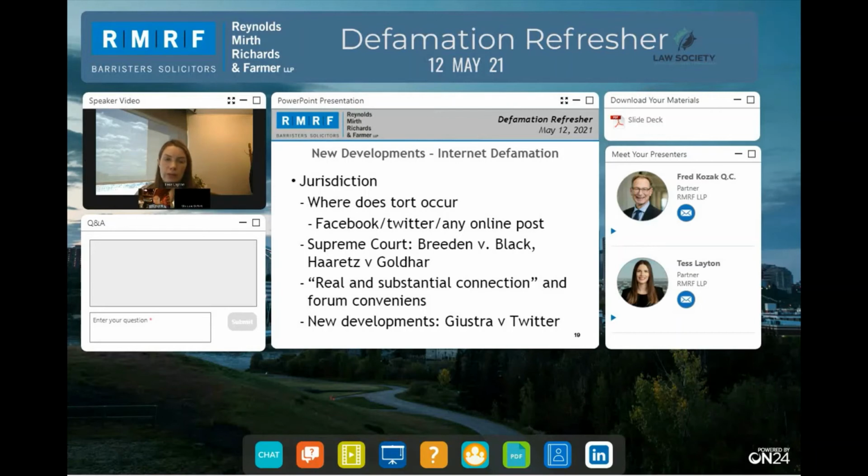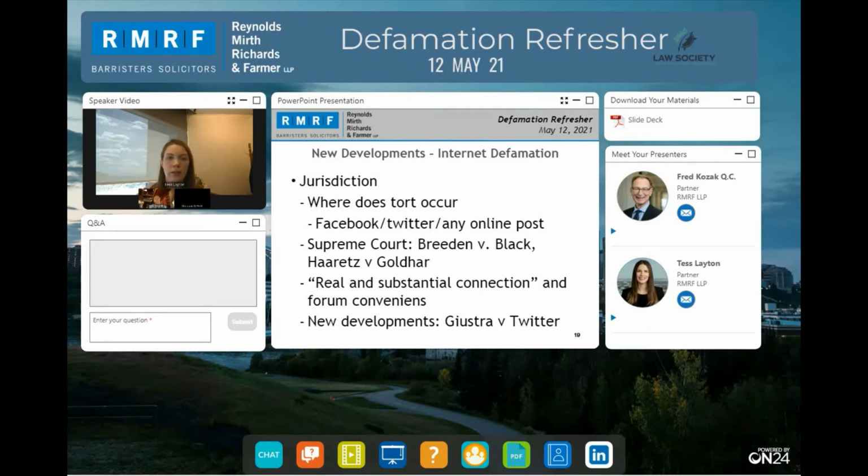So Israel in this case was actually the more convenient forum, though, after the forum non conveniens analysis, and that's because the comparative convenience and expense for the parties and the witnesses favored Israel, and essentially the thrust of the damage to his reputation was in Israel because Goldhar owned a football club there, he had many businesses in Israel, and his reputation was really a much bigger issue in Israel than it would have been in Canada.